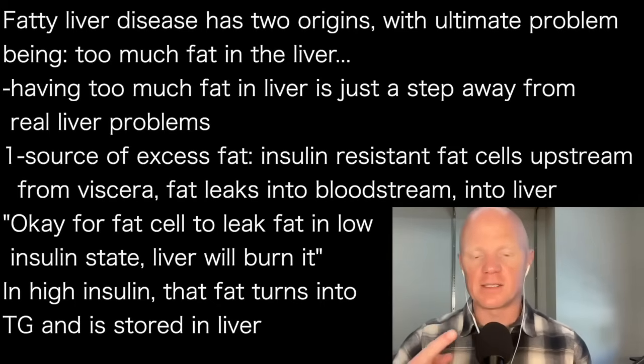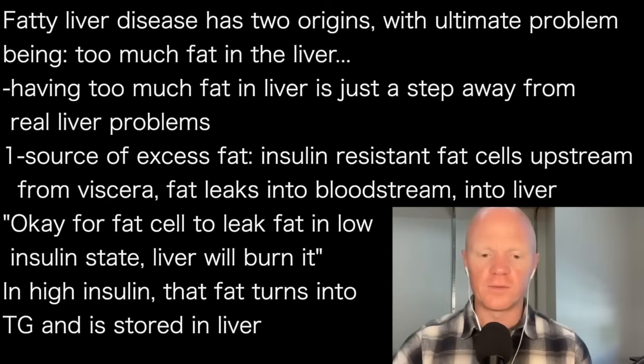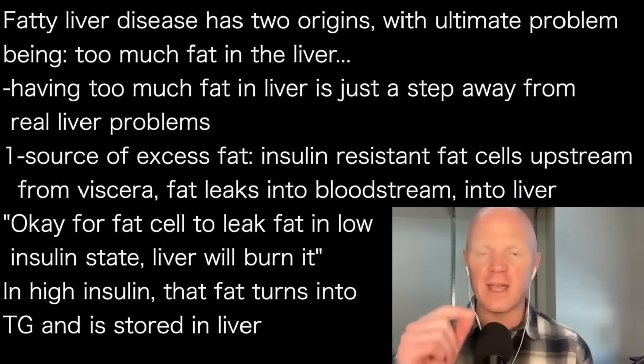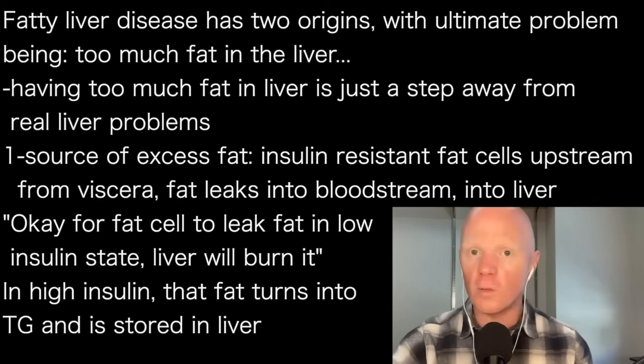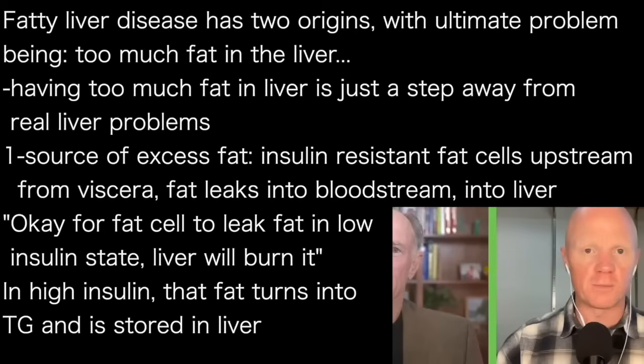And in that case, if allulose can improve, by activating AMPK, the insulin sensitivity of the fat cell, then that fat won't be leaking out of the fat cell in a state of high insulin. It's okay for a fat cell to leak fat in a state of low insulin, because then the liver will just burn it. But if the liver is seeing a lot of fat and insulin is elevated, it cannot burn it. Fat burning, fat oxidation, will be stopped. It will have to store it. It turns it into triglycerides, and now we have fatty liver disease.